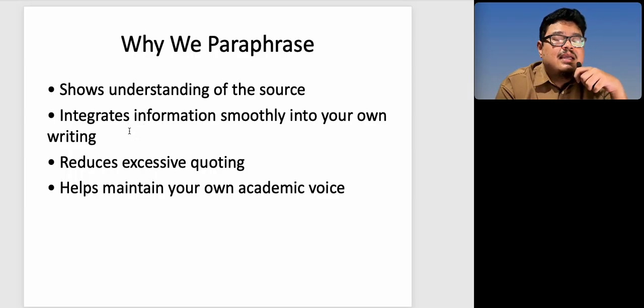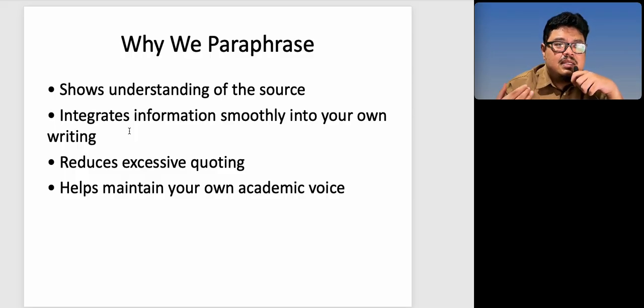So academic writing is all about adding to the conversation about the topic, right? But in order to add into the conversation, you have to show what has been written before, right? So you put the sources, you talk about what other experts have said about the topic. That's why we do the citations and all that.